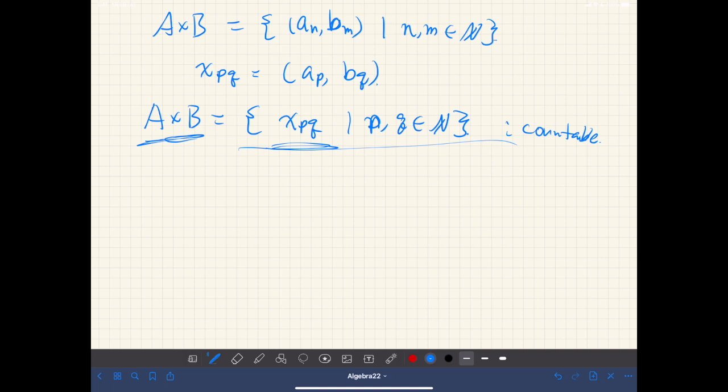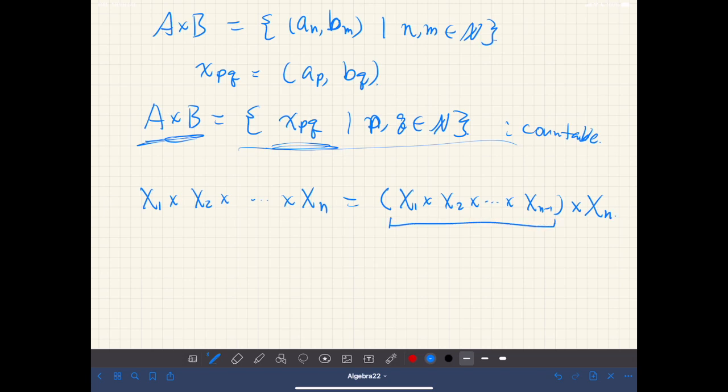And more generally, we can use mathematical induction. So x1 times x2 times and so on up to xn can be expressed as x1 times x2 times up to x_{n-1}, times xn. So this is a Cartesian product of n minus 1 sets, but this is a set anyway.